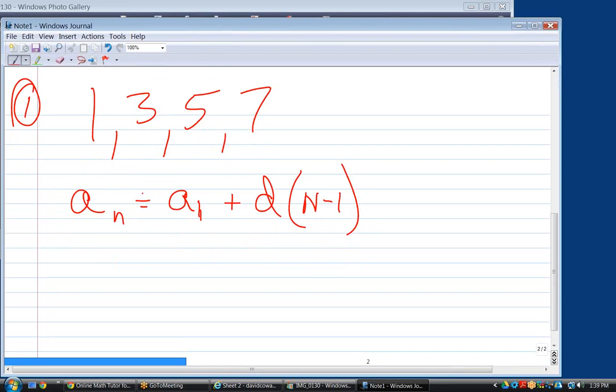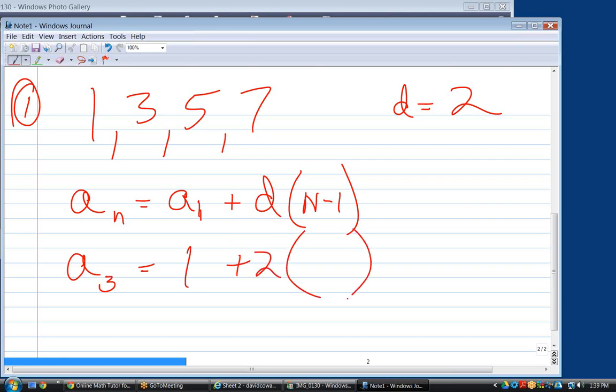What's the common difference? 2. If I were to say, what is the third term, we can see that it better come out to be 5. What's a sub 1? That's 1.